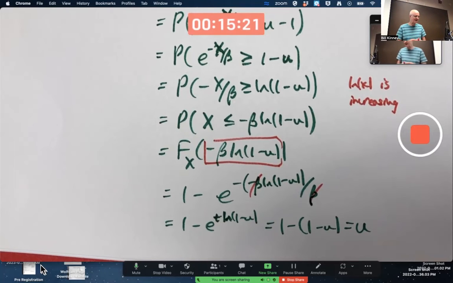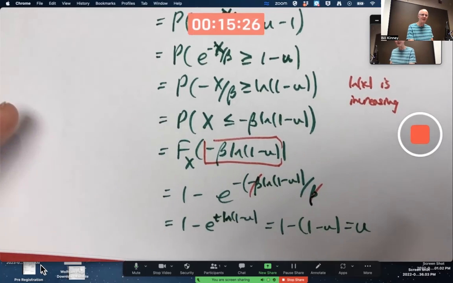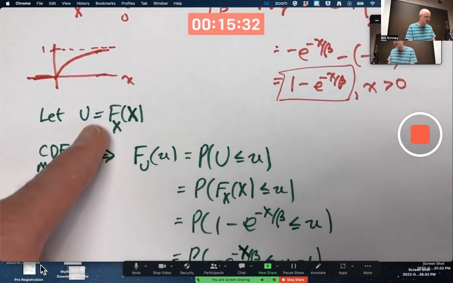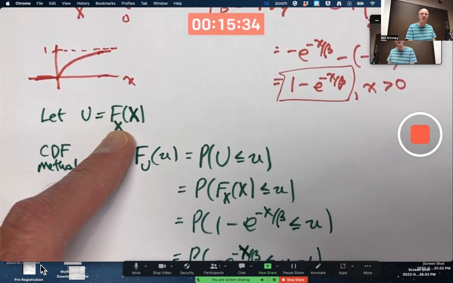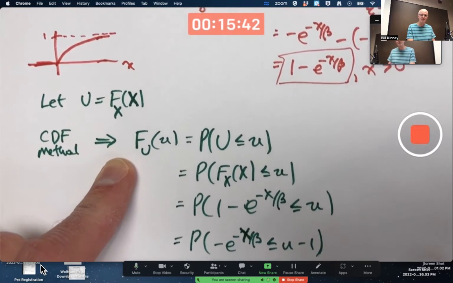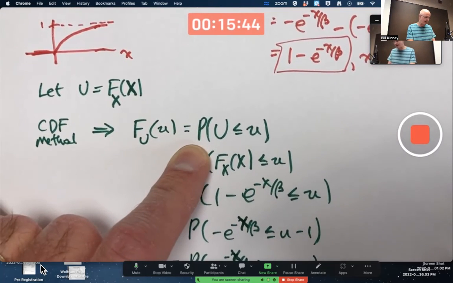Let's double check everything and make sure we understand each step. What was my goal? My goal was to try to find the CDF, cumulative distribution function, of this transformed version of X, where I plugged the random variable X, an exponential distribution with mean beta, into its own CDF. Find the CDF by definition.